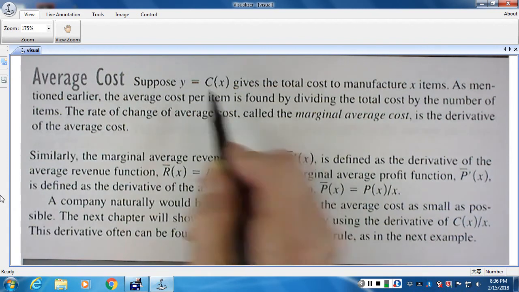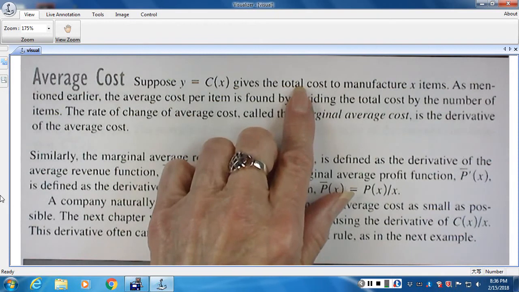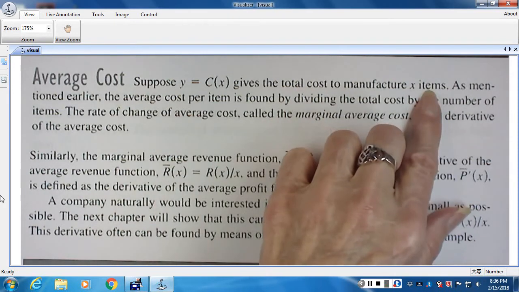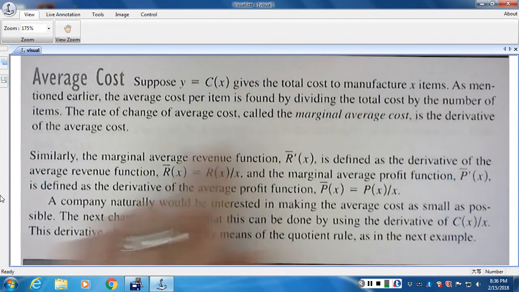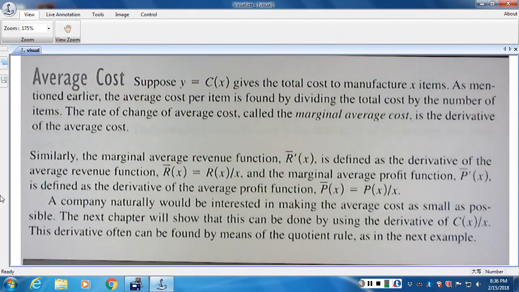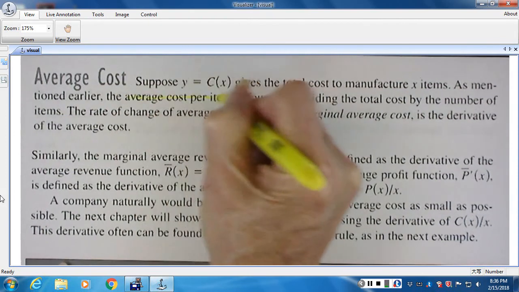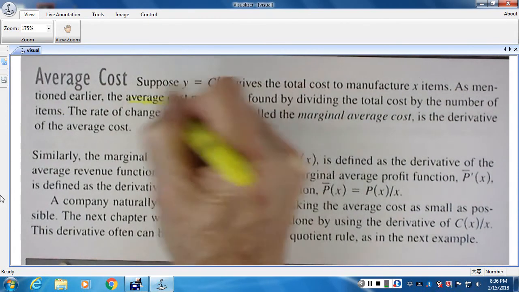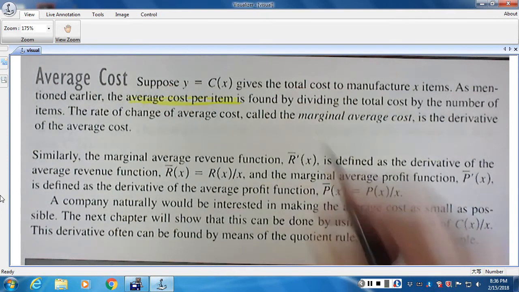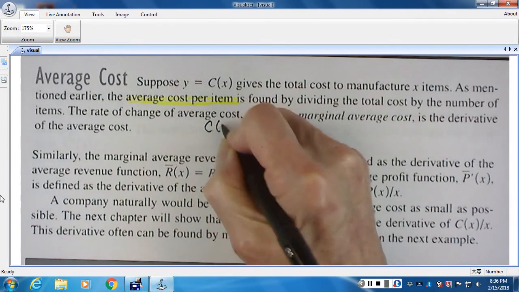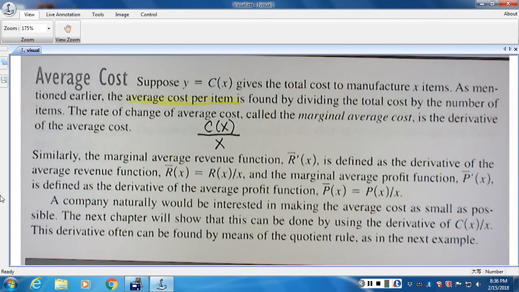If you have y is equal to c of x, that gives you the total cost to manufacture x items. So if I want to find the average cost per item, that word average tells me exactly what I'm going to do. I'm going to take the total cost and divide by how many, which is going to be the number of items.